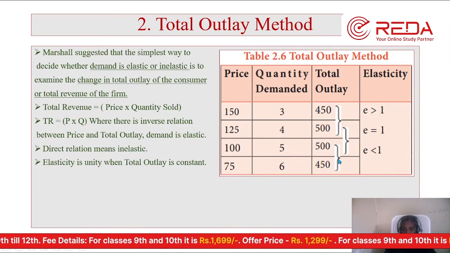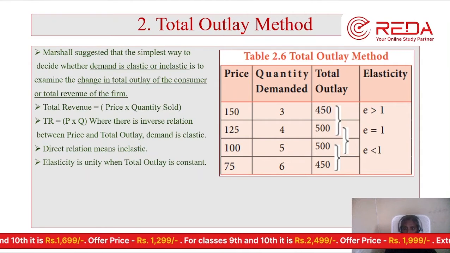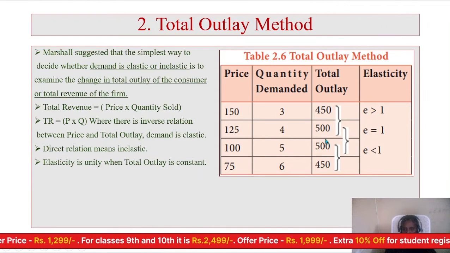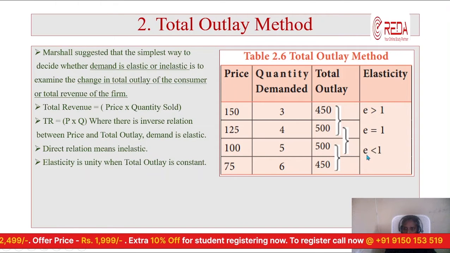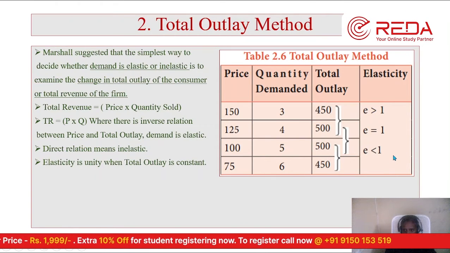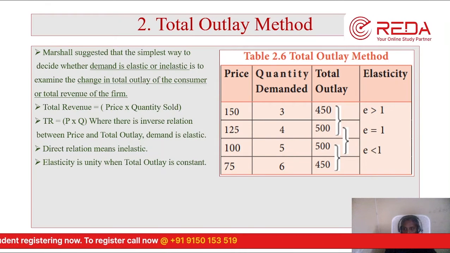We cannot say that all the time; there are various types of situations in various time periods. The total outlay may decrease from 500 to 450, where the elasticity will be lesser than 1. So these are the 3 situations with the help of the total outlay method.